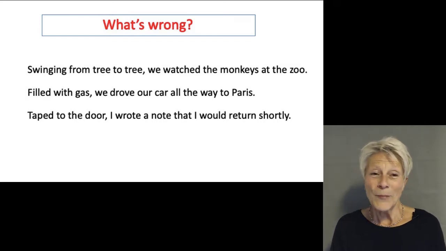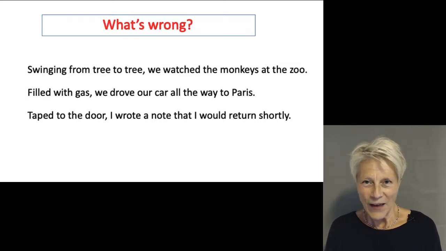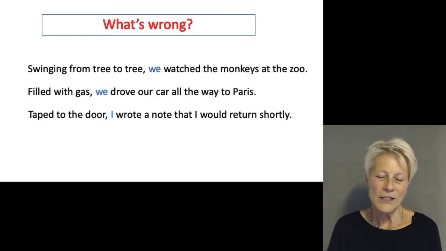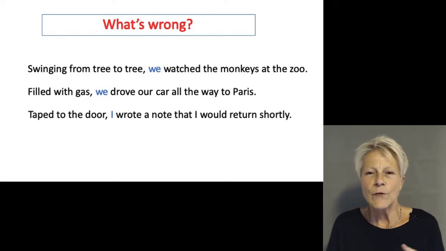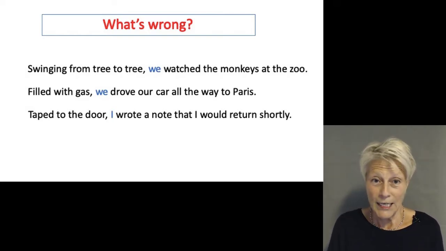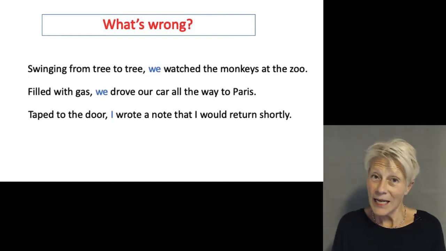Now, the problem in all three sentences is the fact that the subject of the main clause seems to be connected to the participle. Swinging, filled, taped. These are participles, past or present, and they kind of need a subject, someone or something that swings or is filled or taped.